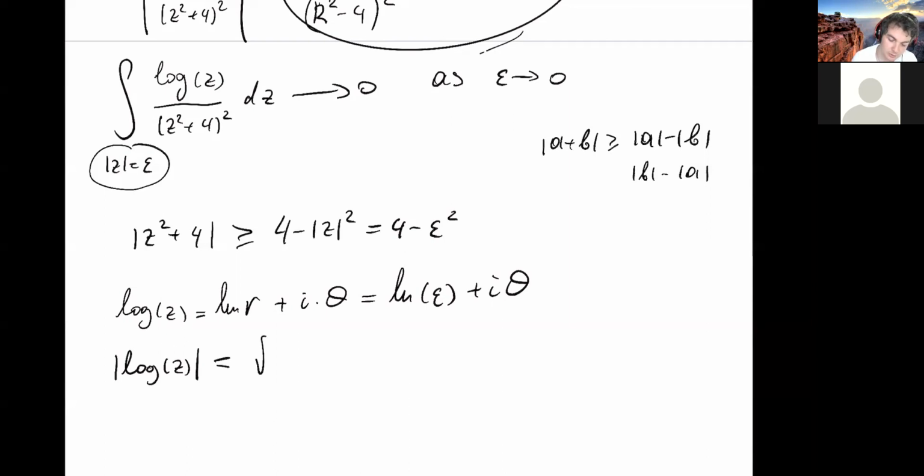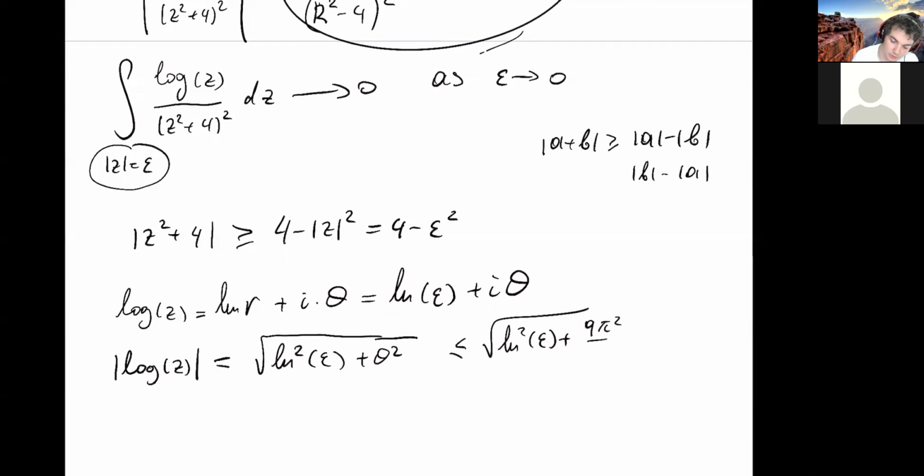I'll just compute it: it's the square root of the logarithm of epsilon squared plus theta squared. But my theta has a range. Theta cannot go all the way to infinity. Theta goes only up to 3 pi over 2. And so this is less or equal than this plus 9 pi squared over 4. Now, you're probably looking at all this and asking yourself, how the hell do I come up with this? It's actually not easy.